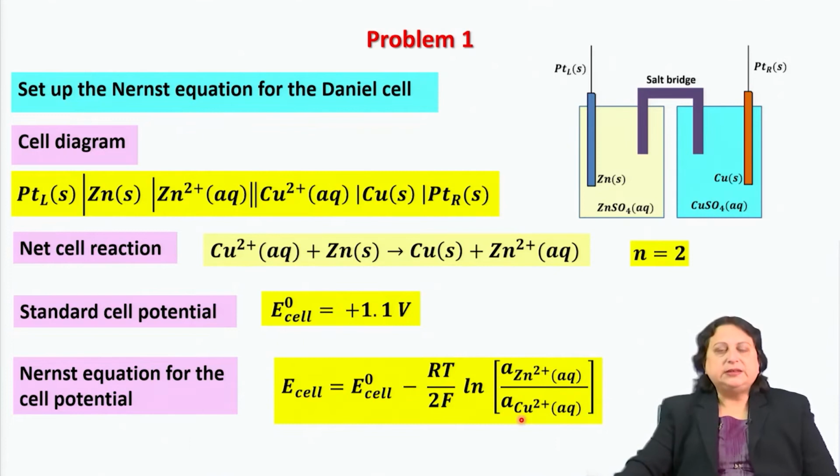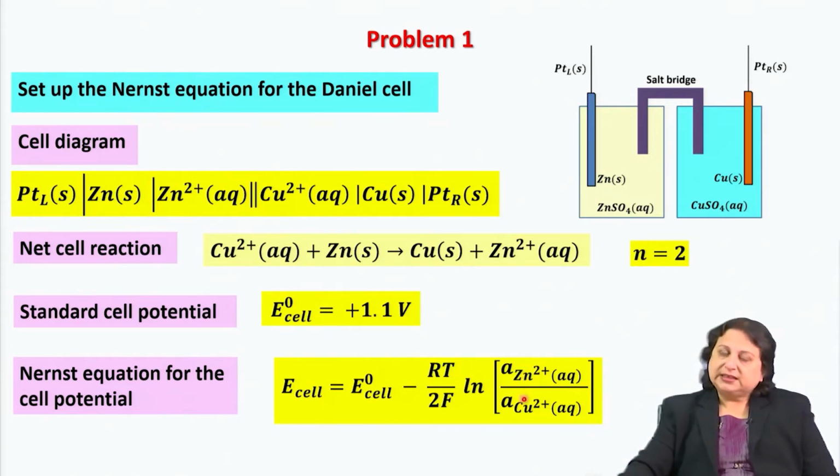Therefore, if I know the E naught cell and if I know the concentrations at which the zinc sulphate solution and the copper sulphate solution have been taken, and if they are very dilute, I can replace the activities by their molality or molal concentration.